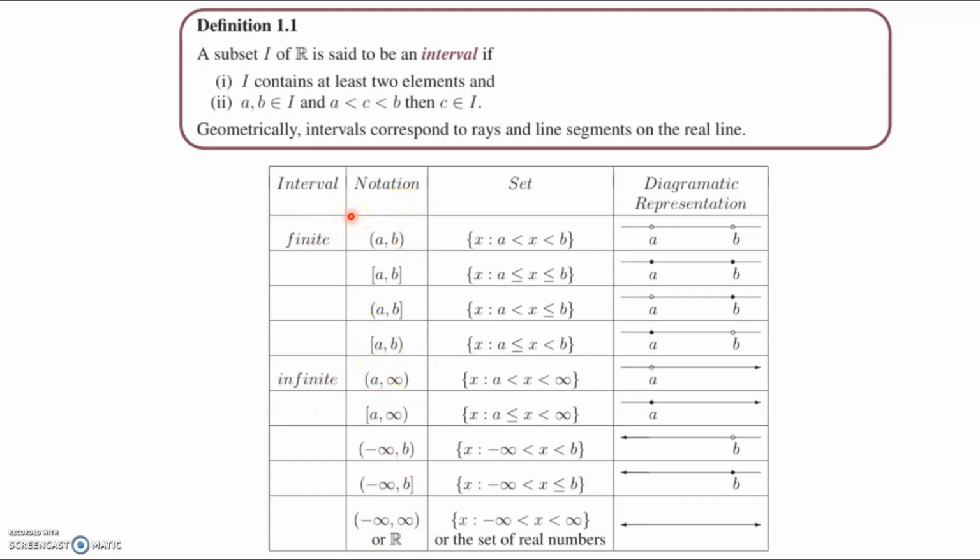Now you have two more concepts here. One is called the open interval, second is called the closed interval. For the open interval, you use these curved brackets, and for the closed interval you use the square brackets. So what would this mean?